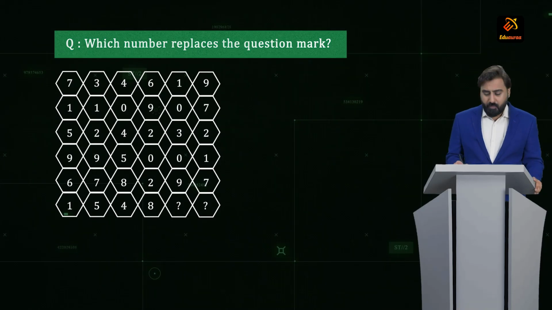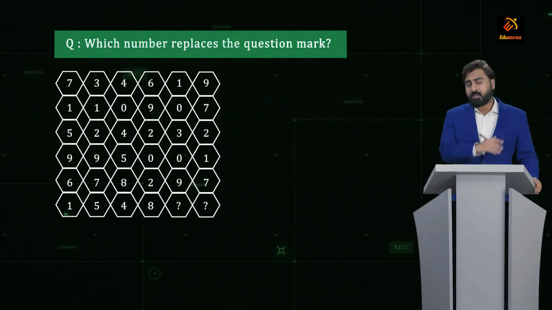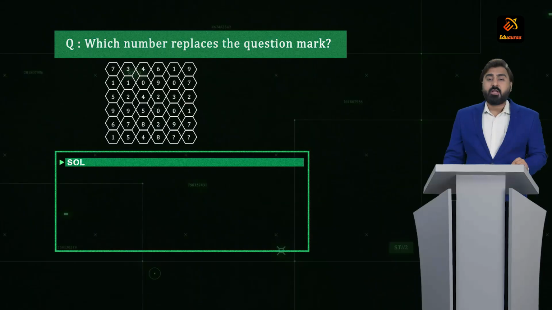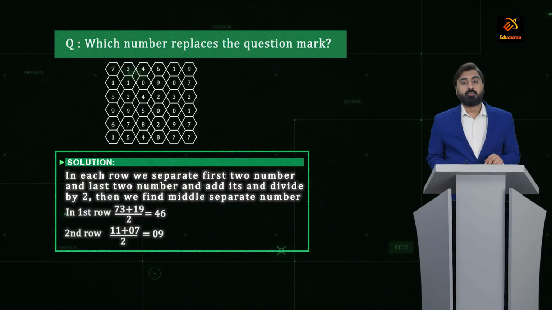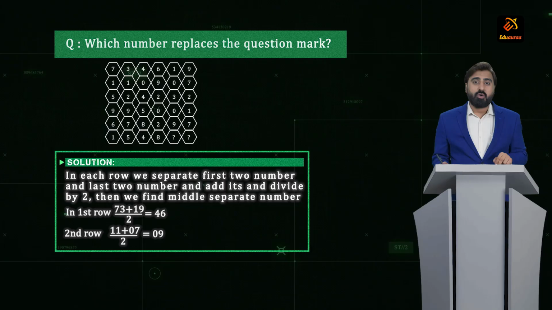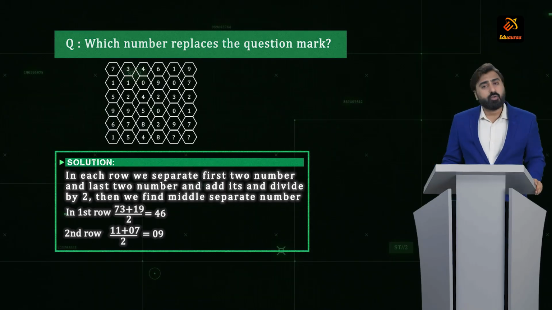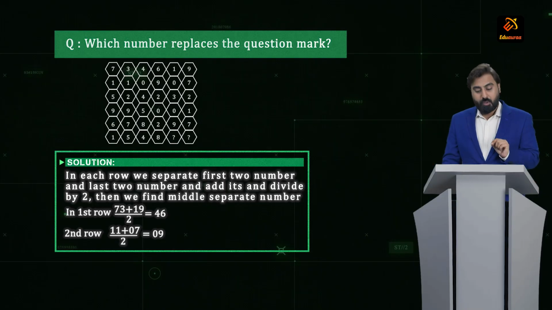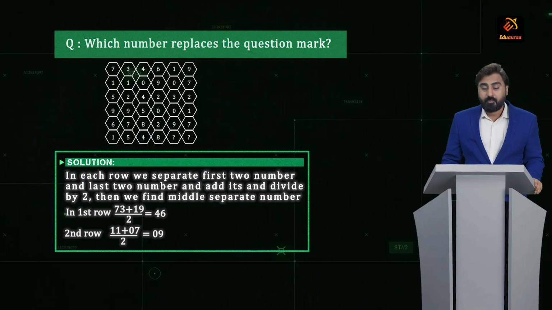How do we find it? What is the logic behind here? Now students, in this particular case, let us apply some logic. If we consider the first two columns as one single 2-digit number, it becomes 73.